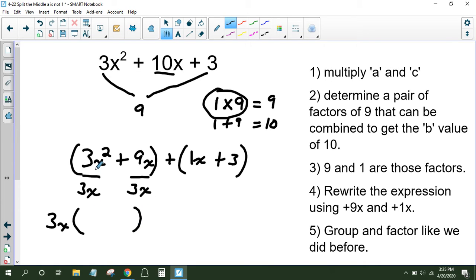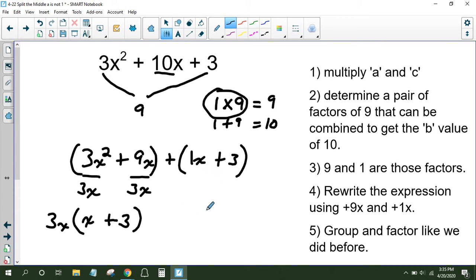What's left in the parentheses? Well, 3 divided by 3 is just going to give us a 1, and x squared divided by x is just going to give us x. So we'll have 1x here, which we'll just write as x. Here, we have a 9x divided by a 3x. That's going to leave us with just 3.